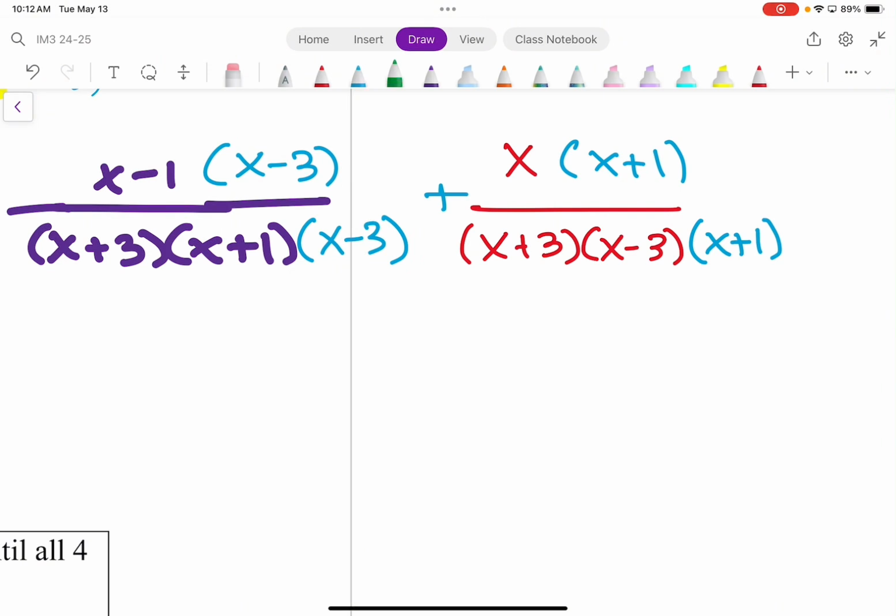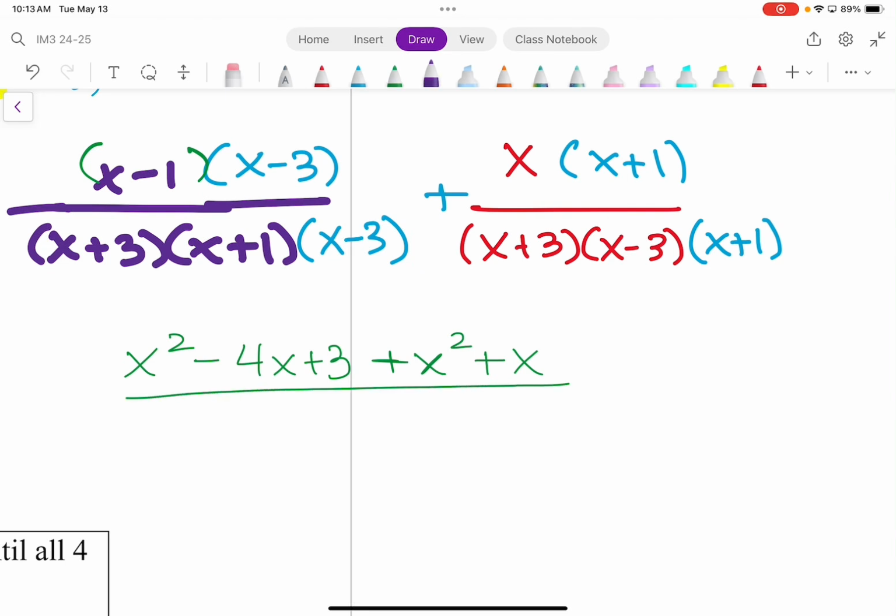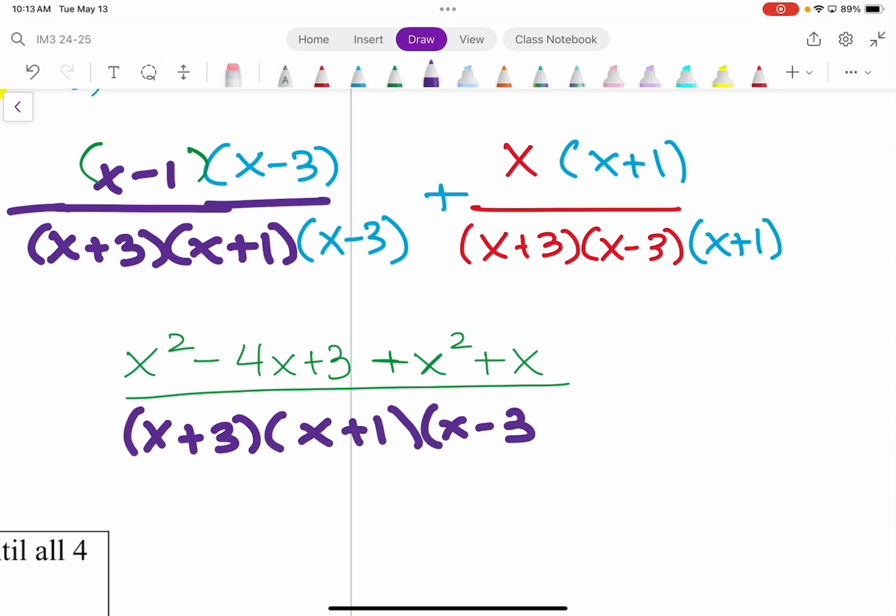All right. X minus 1 times x minus 3 will give us x squared minus 4x plus 3, plus x squared plus x. So I'm kind of putting everything together at this point, over x plus 3, x plus 1, x minus 3.